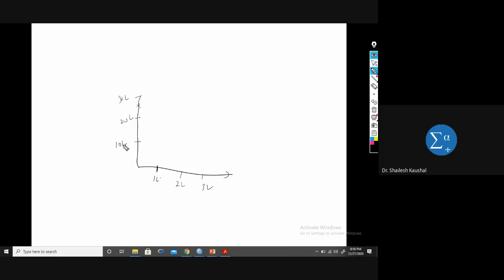So this is the mean sale, means one day my sale would be 15 lakh, another day 14, and some day it may be 7 or 8. So this is the range, and my data is normally distributed.